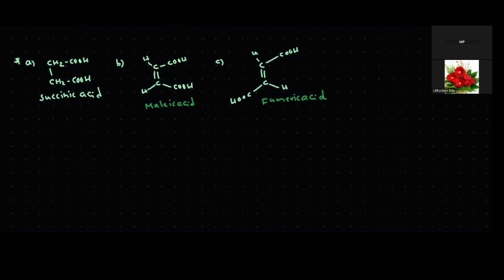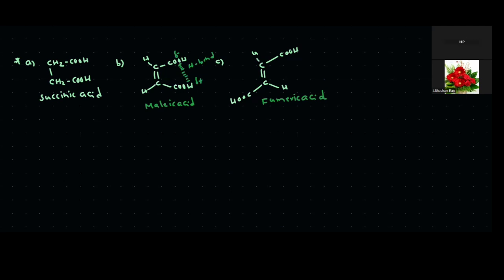Now, between B and C, the partial negative charge of this oxygen attracts the hydrogen. So which bond is developed here? A hydrogen bond develops between the oxygen and hydrogen in the cis compound, that is maleic acid. But in the trans, there is no hydrogen bond.